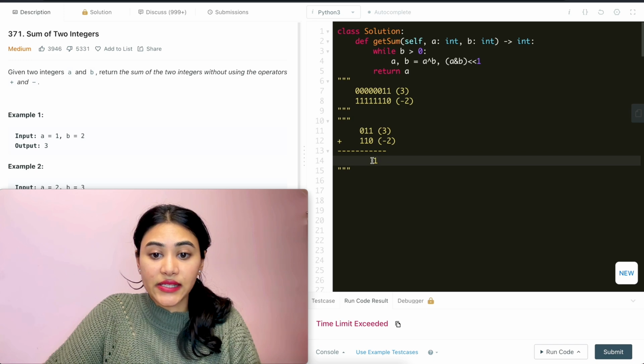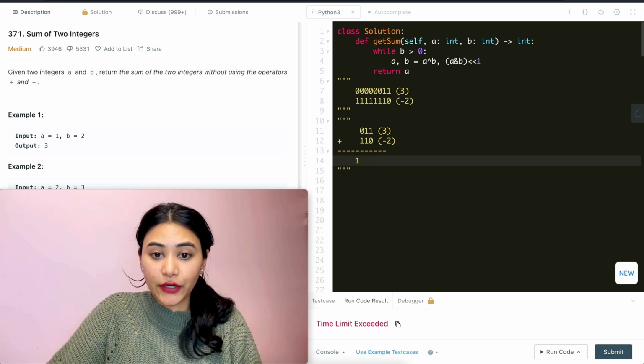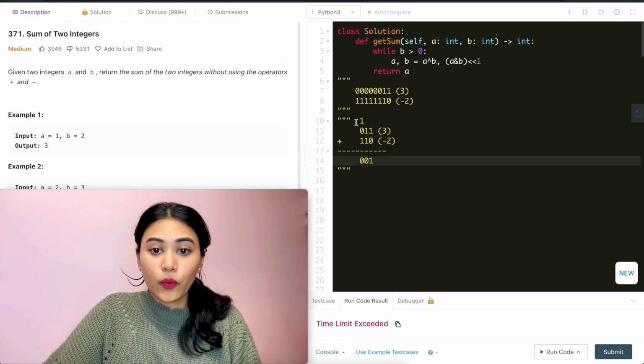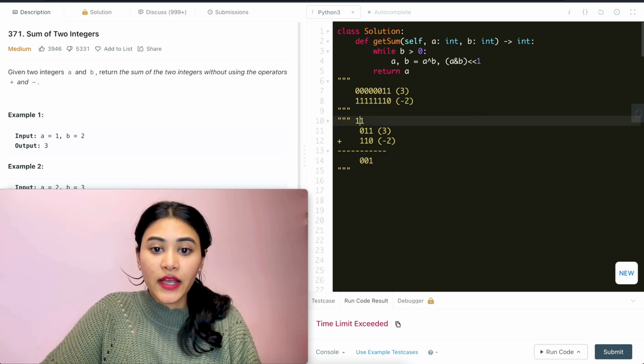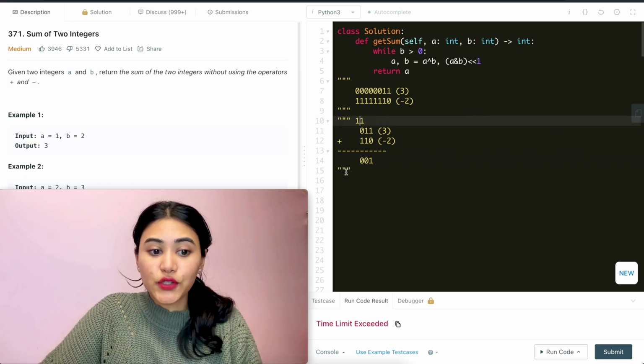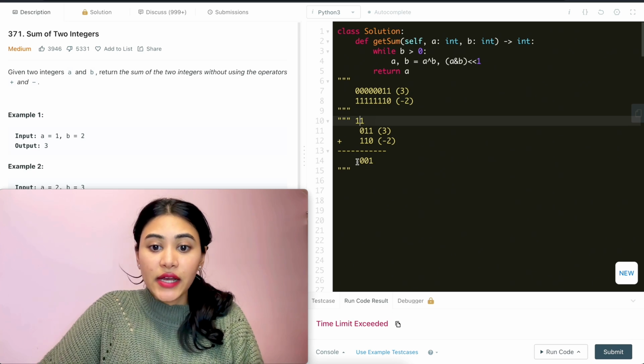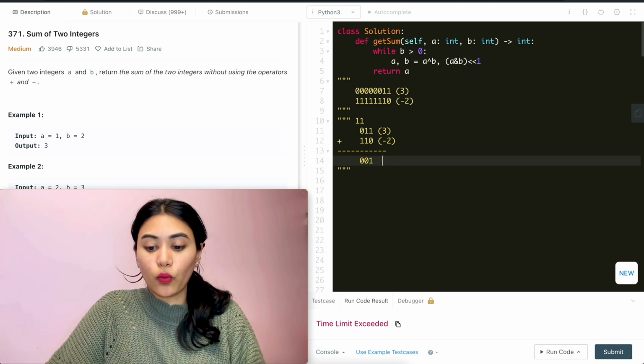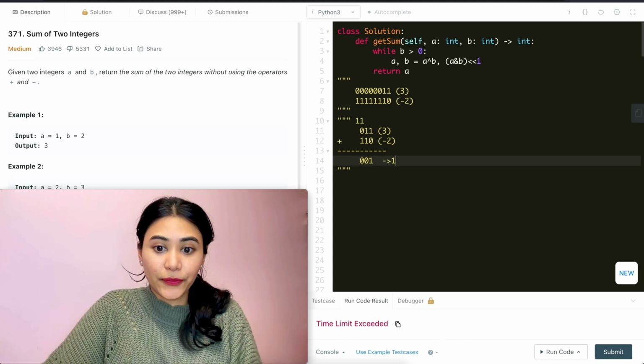Then 1 plus 1 is 1, 0, with 1 being the carry. So I have 1 over here as carry. And then 1 and 1 again, so that's 0, with 1 being the carry. Now remember, I have 3 bits, so I'm sort of truncating my answer to only be 0, 0, 1. And that makes sense, right? 3 plus -2 is just 1, and we have 1 over here.